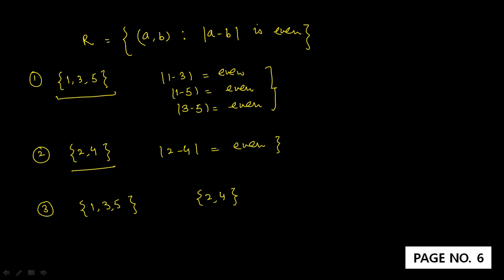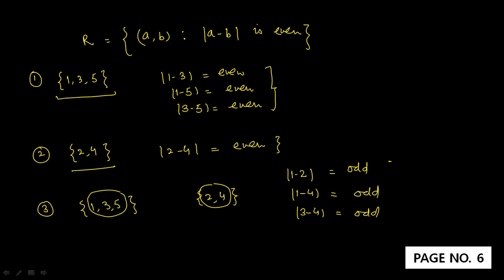If I am using any one element from this set and any one element from this set, what will be the answer? 1 minus 2, the answer is odd. Then 1 minus 4, again the answer is odd. If I am using 3, 4, again the answer is odd.